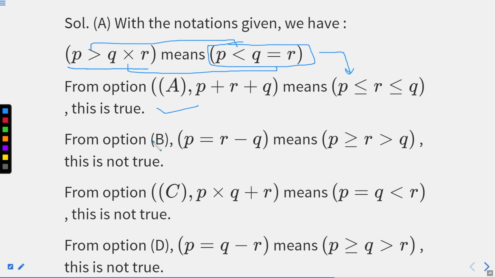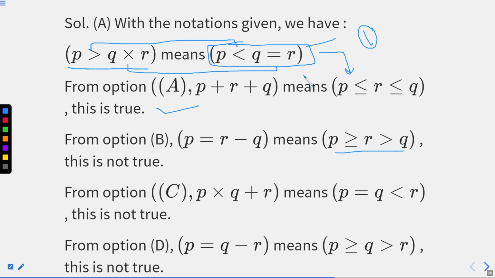And when we talk about other options, where we are getting the rearranged expression as P greater than or equals to R greater than or equals to Q, which is not satisfying the equation given. If I mark it as equation number 1, the expression from option B is not satisfying equation number 1.